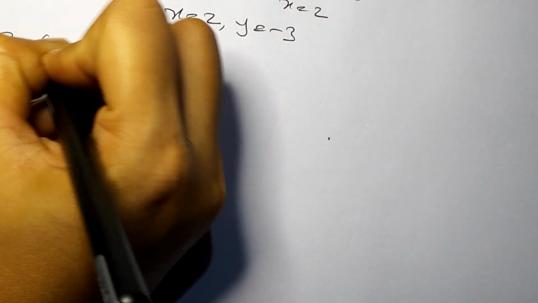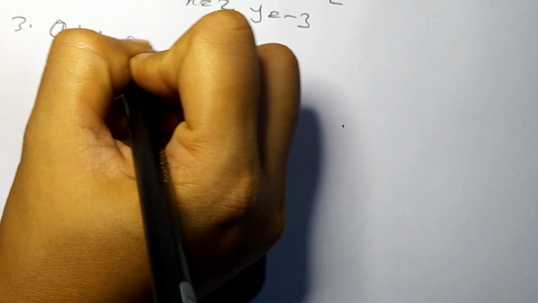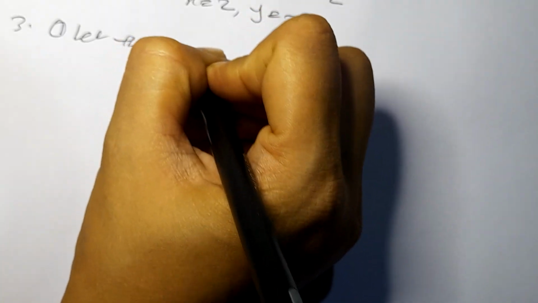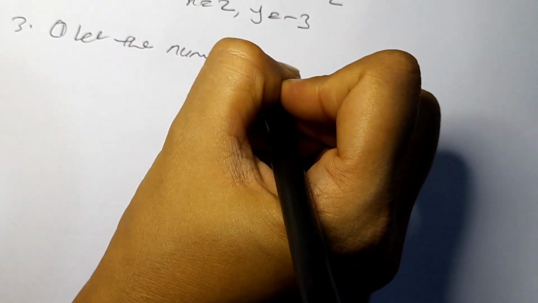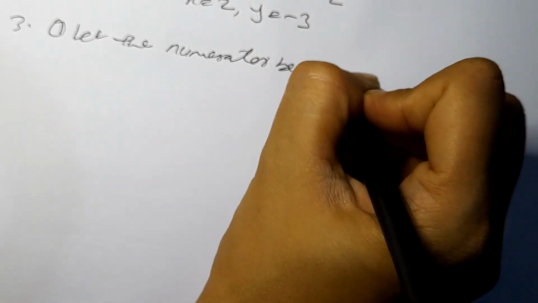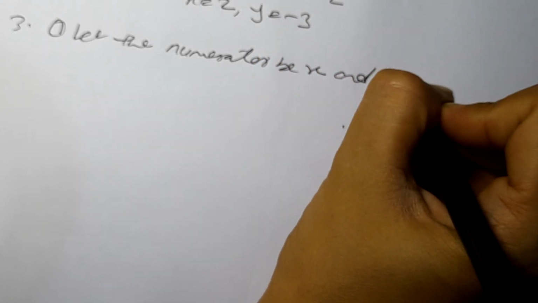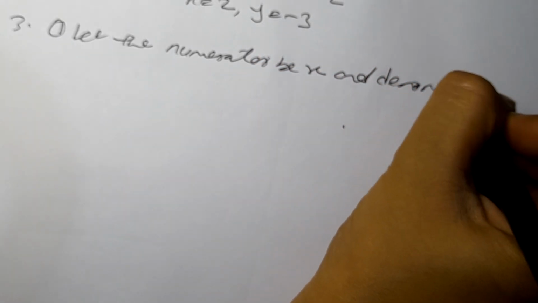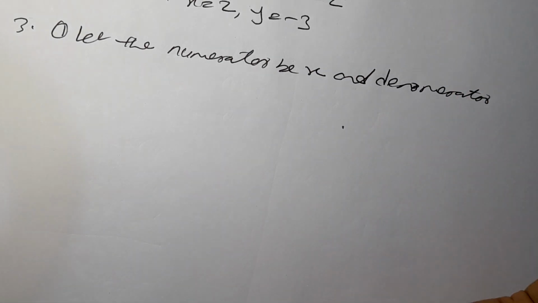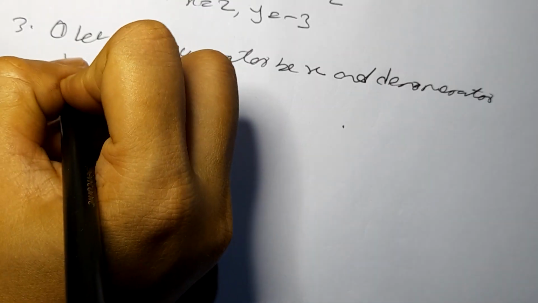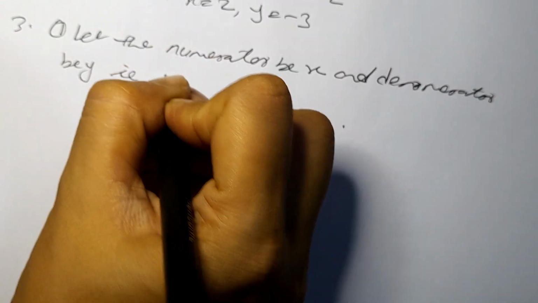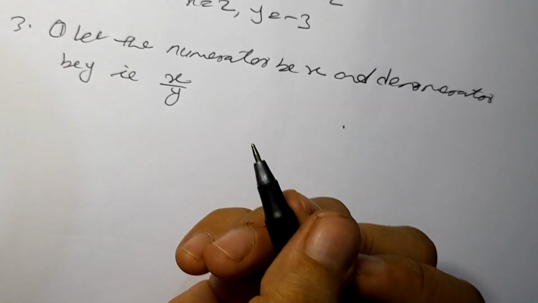Let the numerator be x and the denominator be y. That is, the number becomes x by y. You have to write it down, else you may get confused.